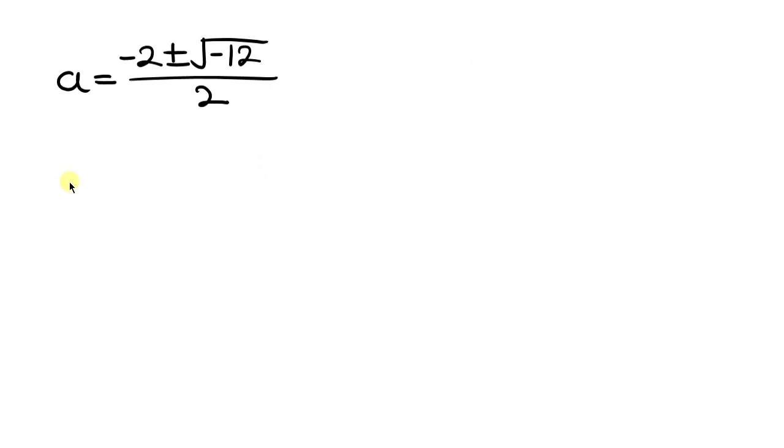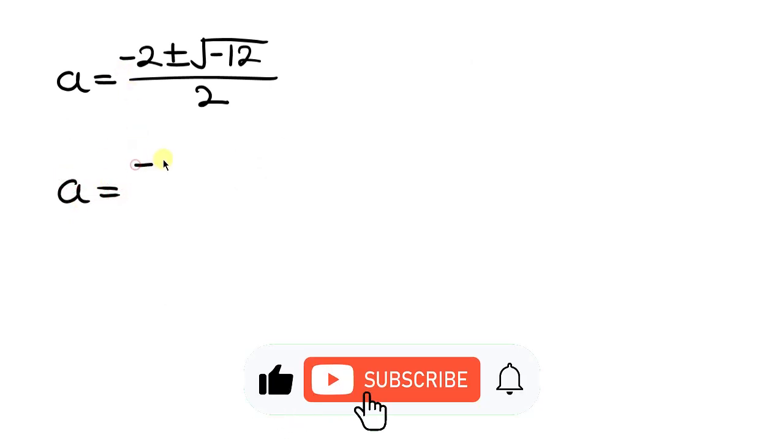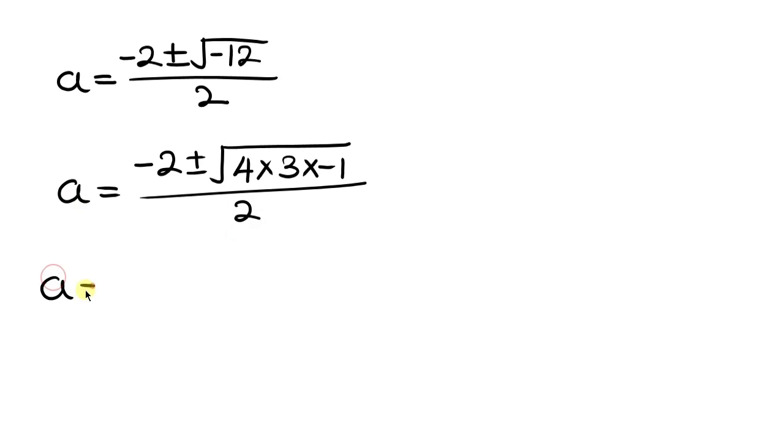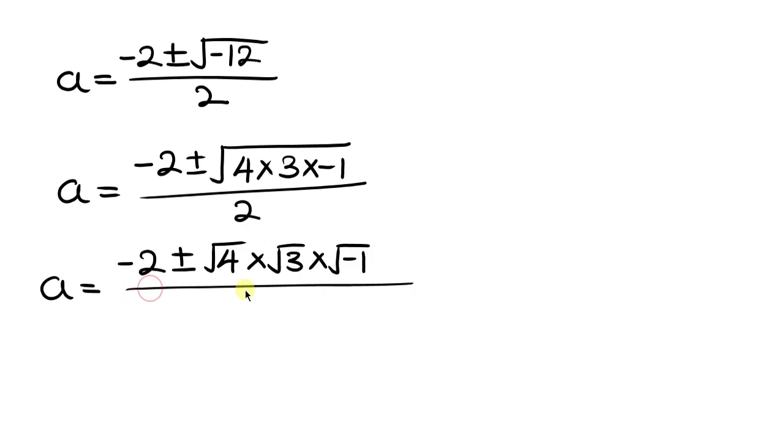So this becomes A equal to negative 2 plus or minus the square root of negative 12 is same as 4 times 3. 4 times 3 is 12, and then times negative 1, which makes it negative 12 all over 2. So this becomes A equal to negative 2 plus or minus, well, we're going to be separating this into the square root of 4 times the square root of 3 times the square root of negative 1 all over 2.